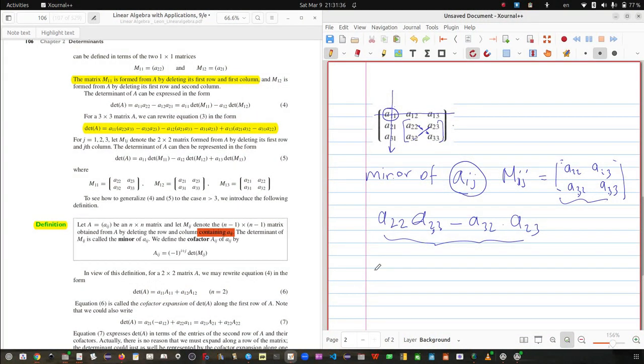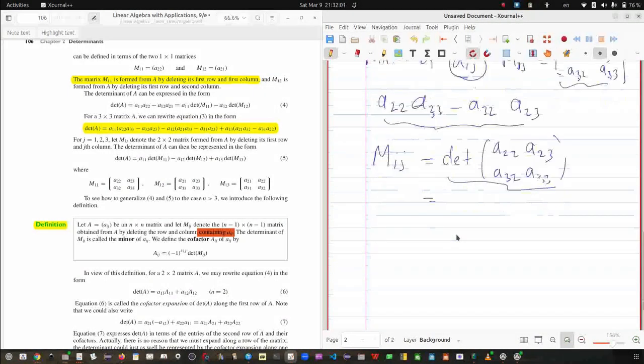So minor Mij is equal to the determinant of A22, A23, A32, A33. It's clear. Now it means this is a number basically. And cofactor is another definition.